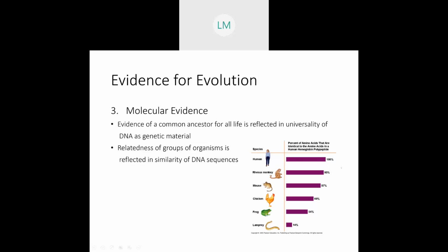That's very, very similar. So we can say that these two types of organisms are more closely related. Then as we go down this list, we're getting further and further away on the evolutionary tree, so we're getting fewer and fewer amino acids that are the same. So we can see how related things are based on the similarities of their DNA sequences.